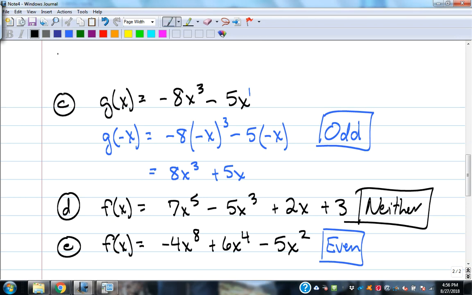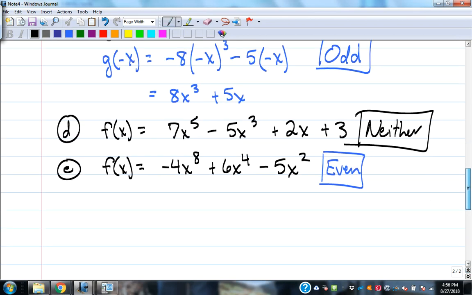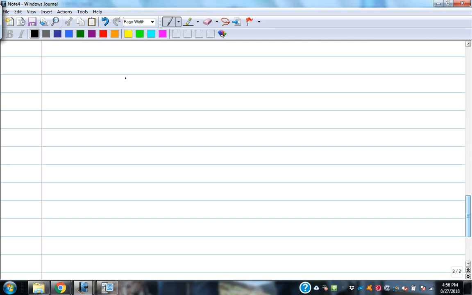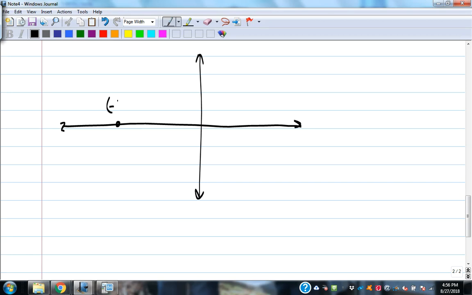Let's look at a little sketch of a graph here. I'm just going to sketch a small graph, and I'm going to label some points. I'm not going to put tick marks or anything.